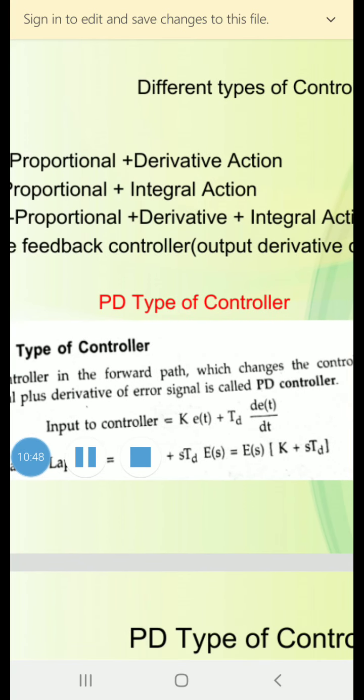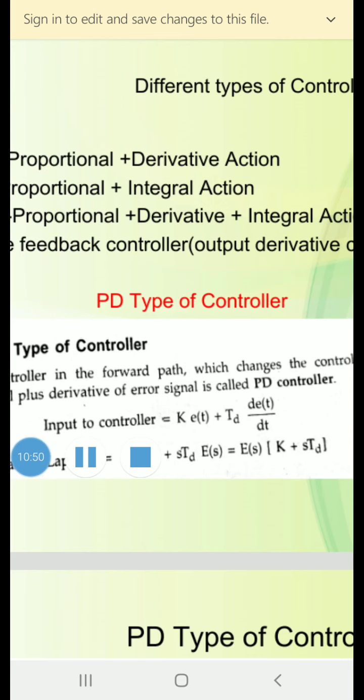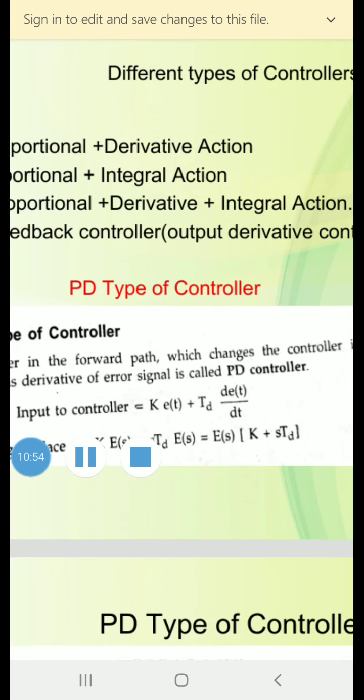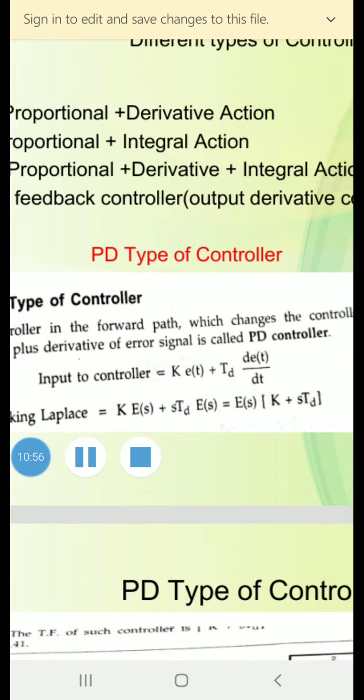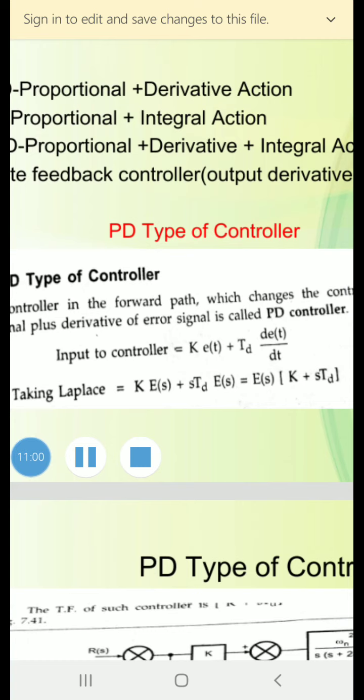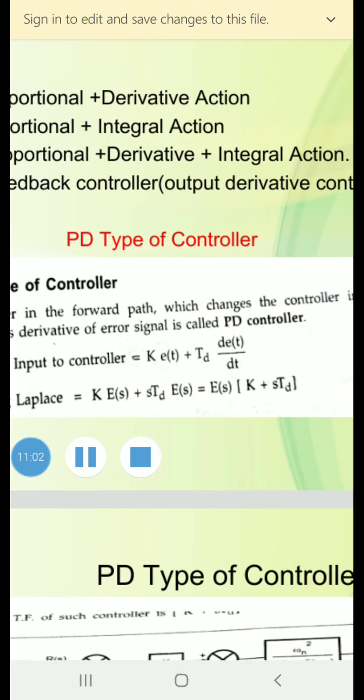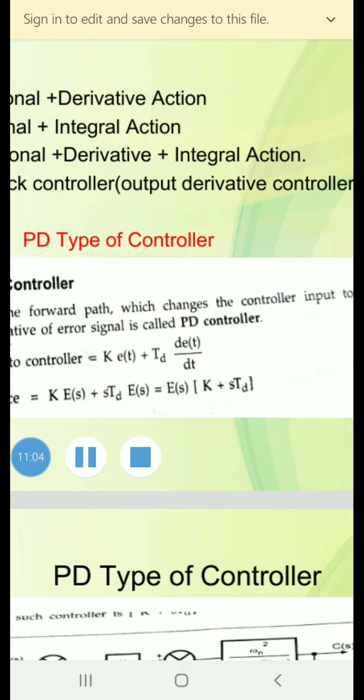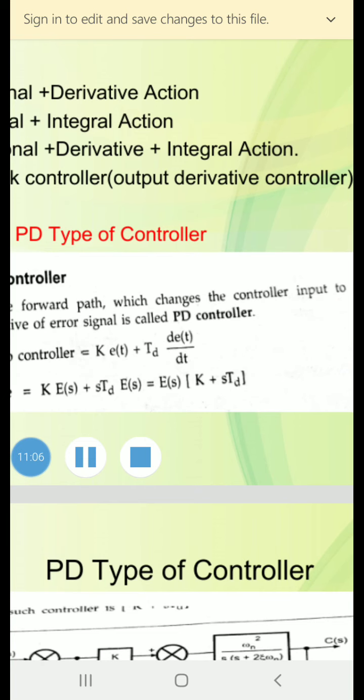That is, input to controller is equal to K E of t plus Td d of E of t by dt. Taking Laplace, K E of s plus s Td E of s is equal to E of s into bracket K plus s Td.